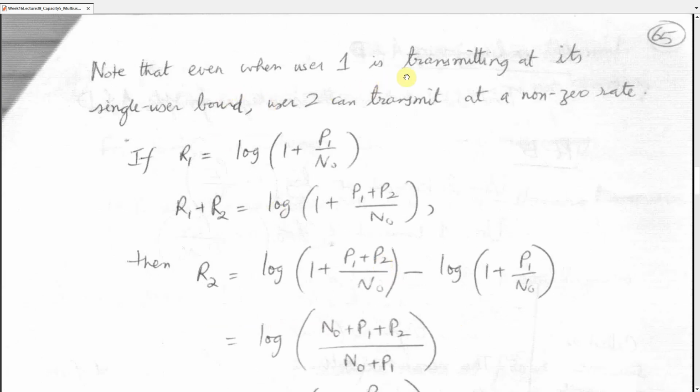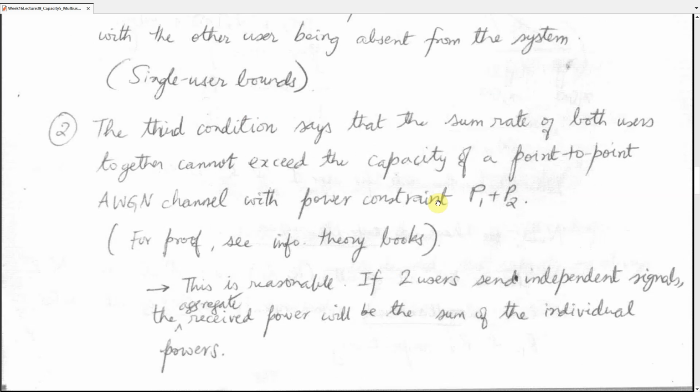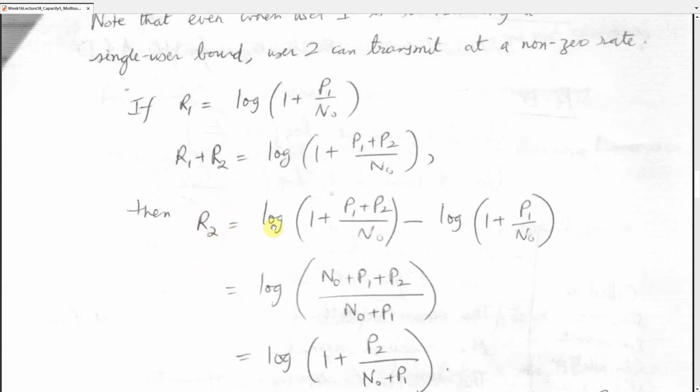Even when user 1 is transmitting at its single user bound, user 2 can transmit at a non-zero rate. If R1 is equal to log of 1 plus P1 over N naught, then R1 plus R2 is equal to log of 1 plus P1 plus P2 over N naught. So R2 is equal to log of 1 plus P1 plus P2 over N naught minus log of 1 plus P1 over N naught.